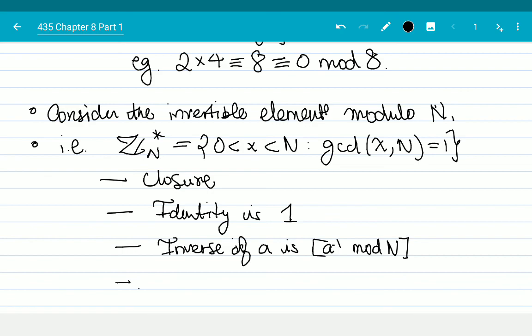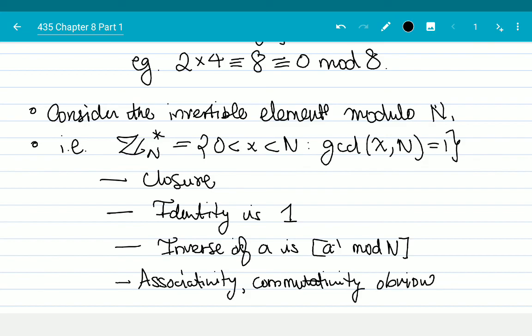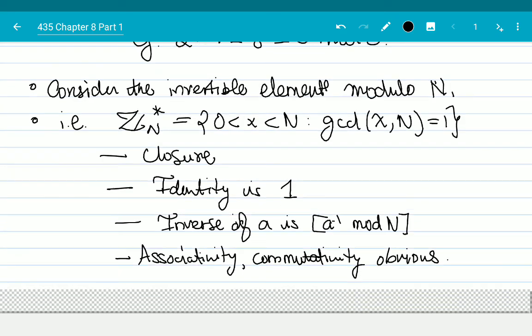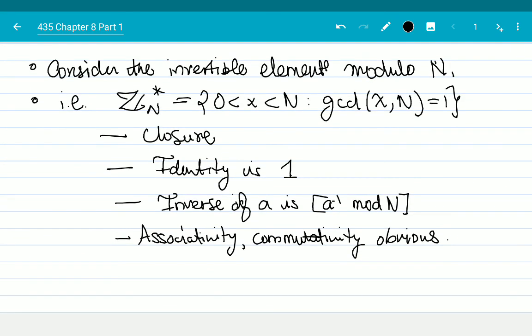And once again, associativity and commutativity are obvious. You can in a way understand that these are inherited from the integers. The integers are associative and commutative, and modulo n, these are inherited.